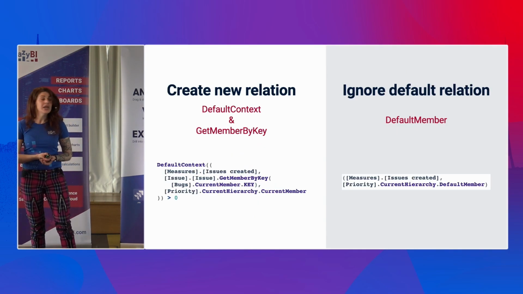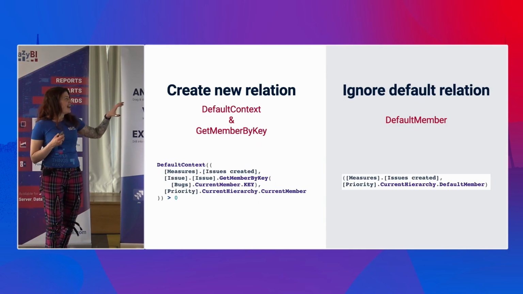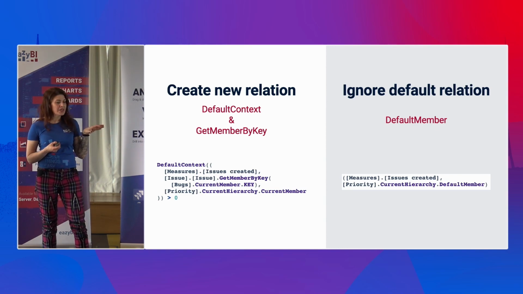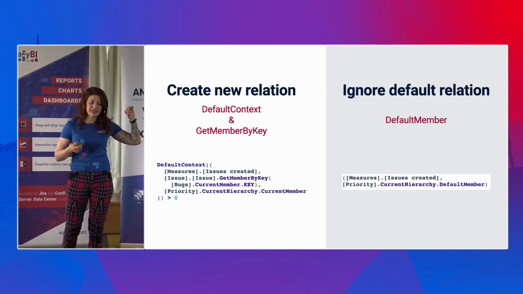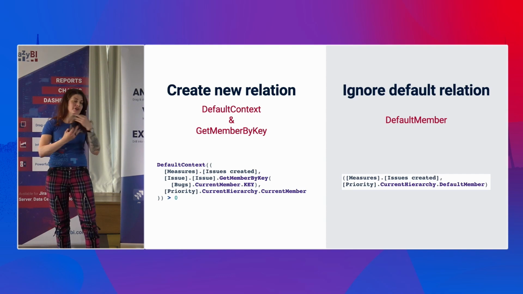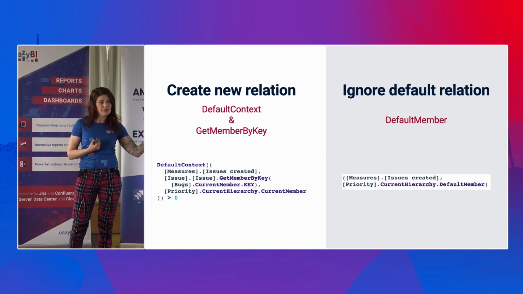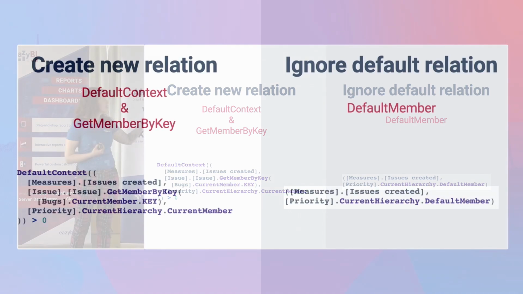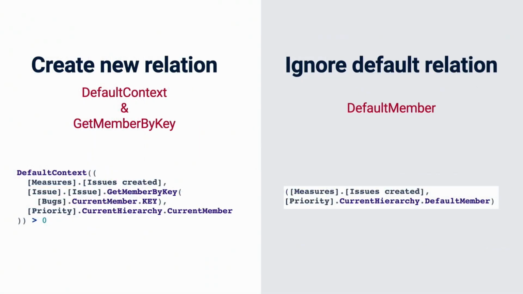So, if you didn't notice, the idea is to create this relation in balance and keep in balance the dimension for which you are changing the relation. In one part of the formula expression, you are defining it using default context and get member by key.